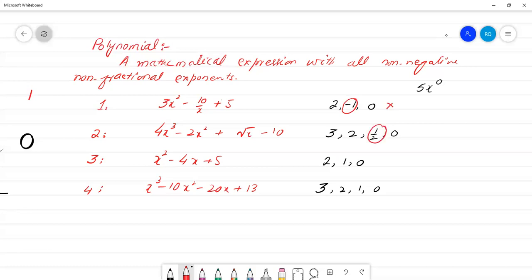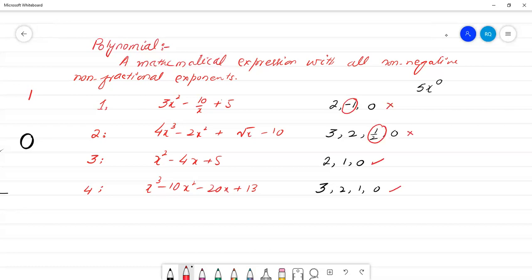So this is an algebraic expression, but this is not a polynomial. The third one has all exponents non-fractional and non-negative, so this is an example of a polynomial. And in the fourth example, all the exponents are non-negative, non-fractional. So these two examples are polynomials.